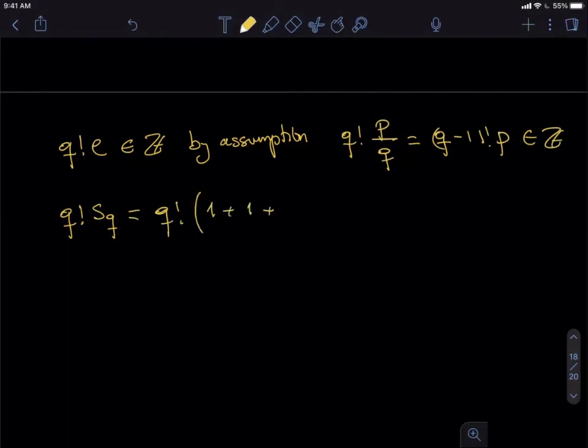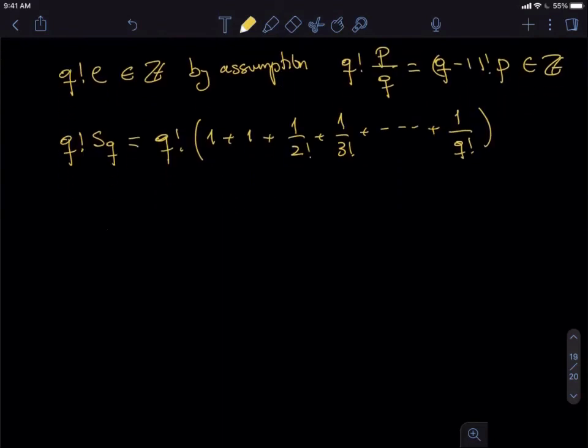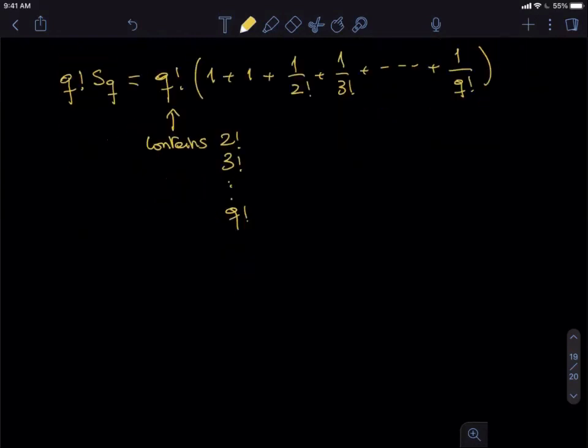Now the second one, we have q factorial times 1 plus 1 plus 1 over 2 plus 1 over 3 factorial, and I can write the factorials, plus 1 over q factorial. We can write it expanded. And then we realize that the q factorial here contains 2 factorial, 3 factorial, all of them up to q factorial.